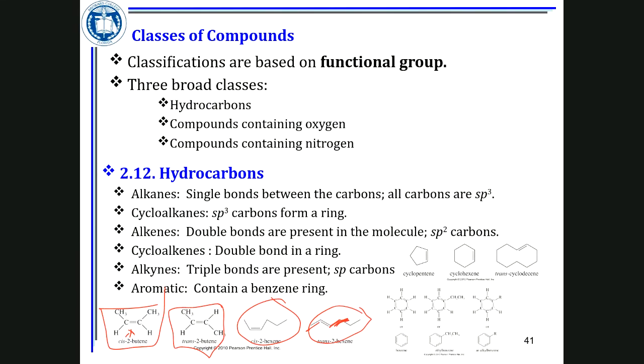That's why it's called the trans alkene. So it doesn't always have to look like a straight line for you to recognize it. You are going to just look at the double bond and see if the 2 branches that are attached are on the same side or opposite sides in order to determine if it's cis or trans.